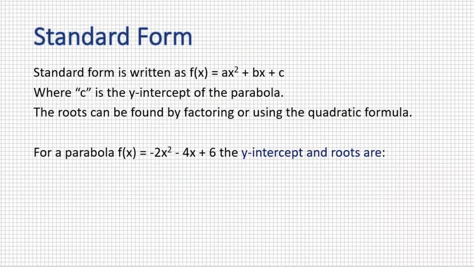A reminder that standard form means that our equation has the form f(x) is equal to ax squared plus bx plus c, and therefore c is the y-intercept of this parabola. Why does that happen? Well, the y-intercept happens where x is equal to 0.